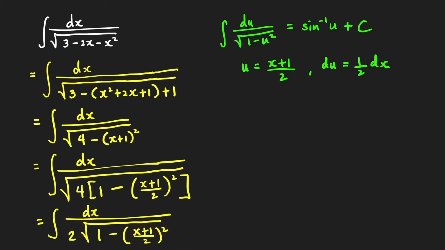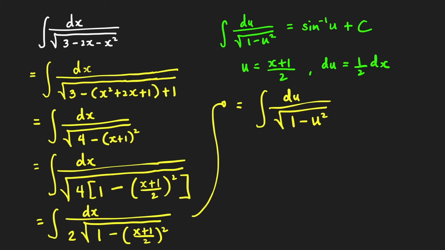So we can write down our integral as integral of du over square root of 1 minus u squared, which is exactly the same thing as this expression here. Thus, this is just equal to sine inverse u and then plus c. And then we plug in the value of u, which is sine inverse of x plus 1 all over 2 plus c.